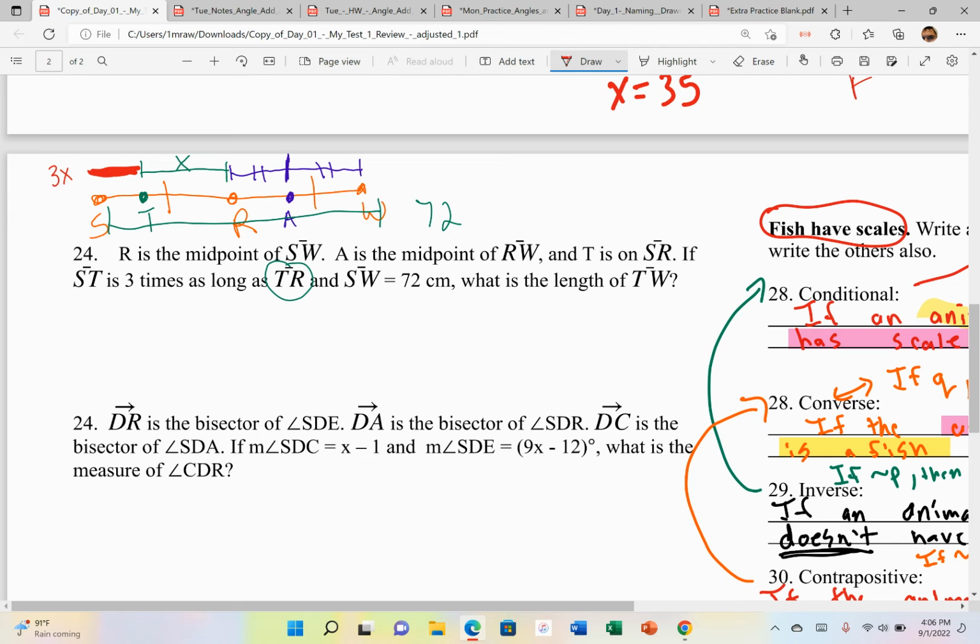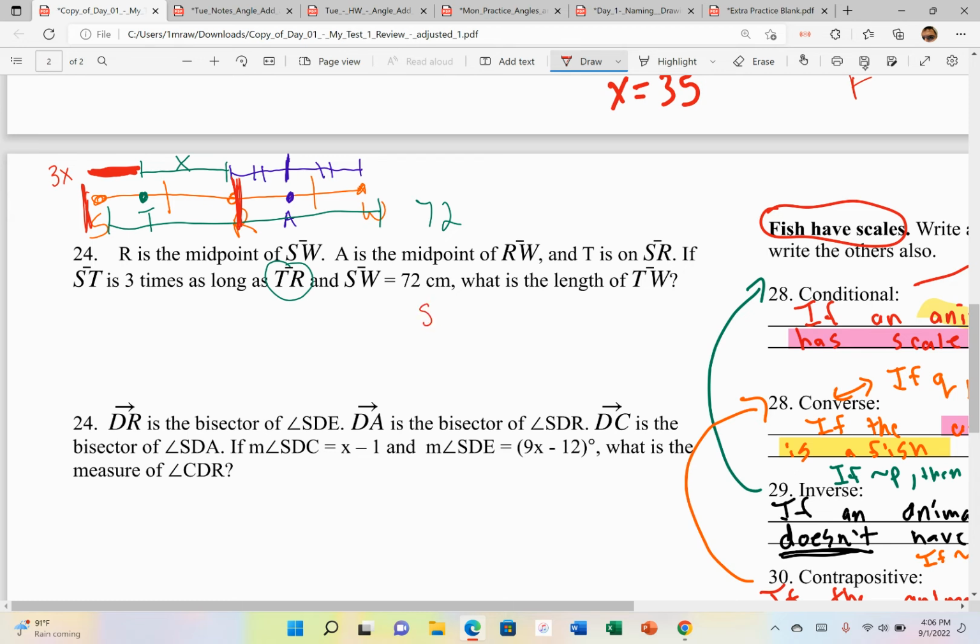So I know the whole thing is 72 centimeters, and we're trying to look for TW. In order for that to happen, we got to find ST. If we find ST, we can subtract it from 72 and we get TW. So the best way to do this is to cut this 72 in half. Why cut it in half? Because SR is half of that 72. So if I cut that 72 in half, that's going to give me 36.